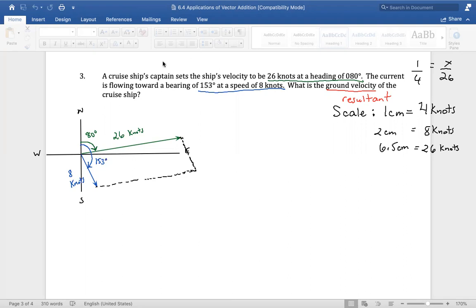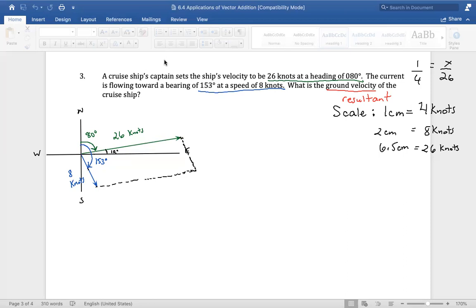So other angles that I could figure out though is if this is 80 degrees and this is the horizontal, then I know that this angle in here would be 10 degrees, in case I need to use that. And then I know that from 90 degrees to 153, we already calculated was going down another 63 because I took 153 minus 90. So this from the horizontal down would be 63 degrees. But really what I care about is this entire angle from the green to the blue.